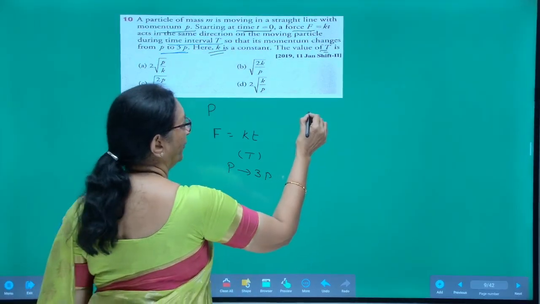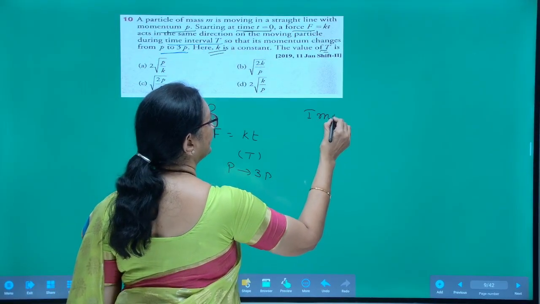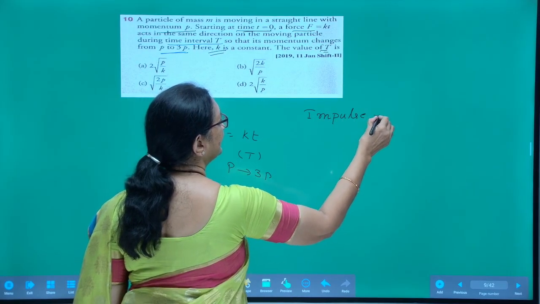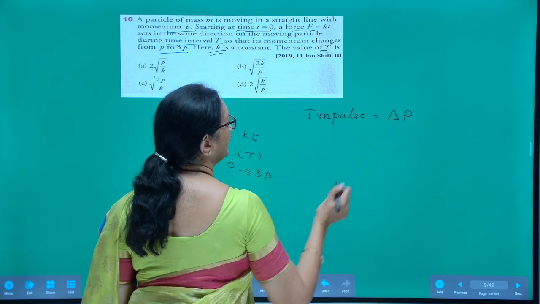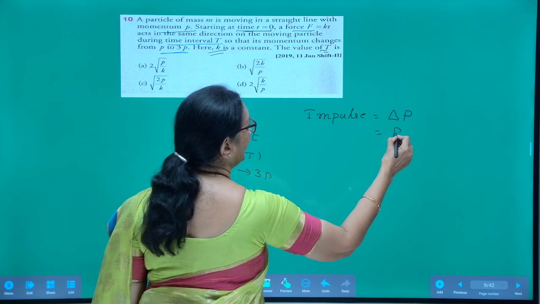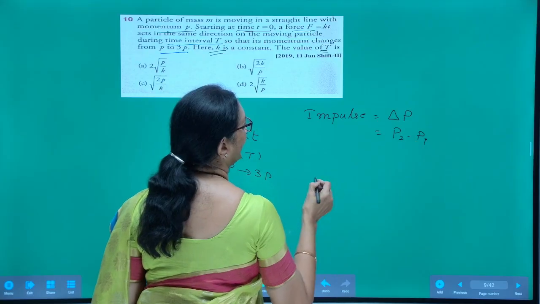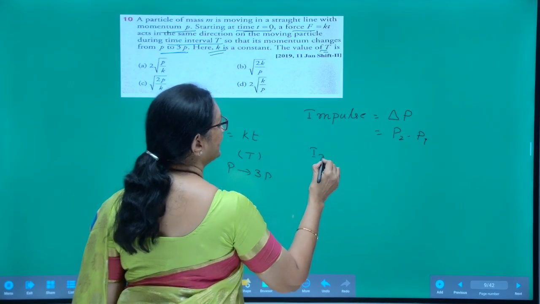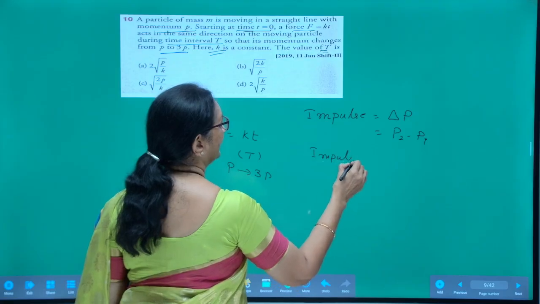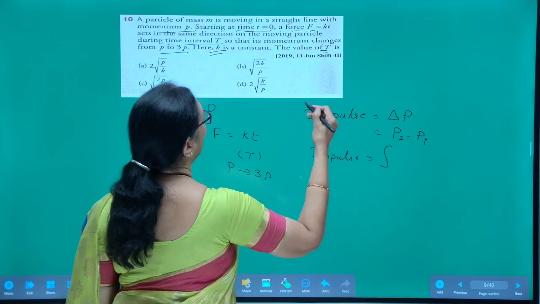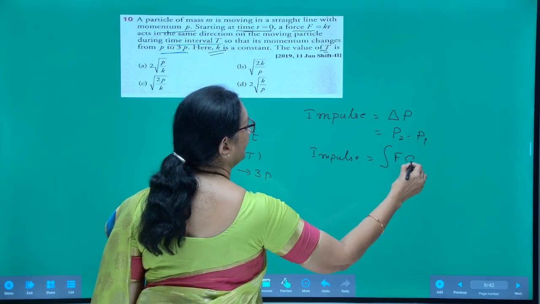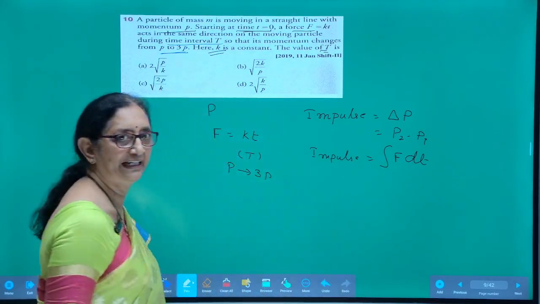So, we know impulse is the change in momentum, that is p2 minus p1, and another thing is, if force is a variable function of time, impulse is the integral of F dt.